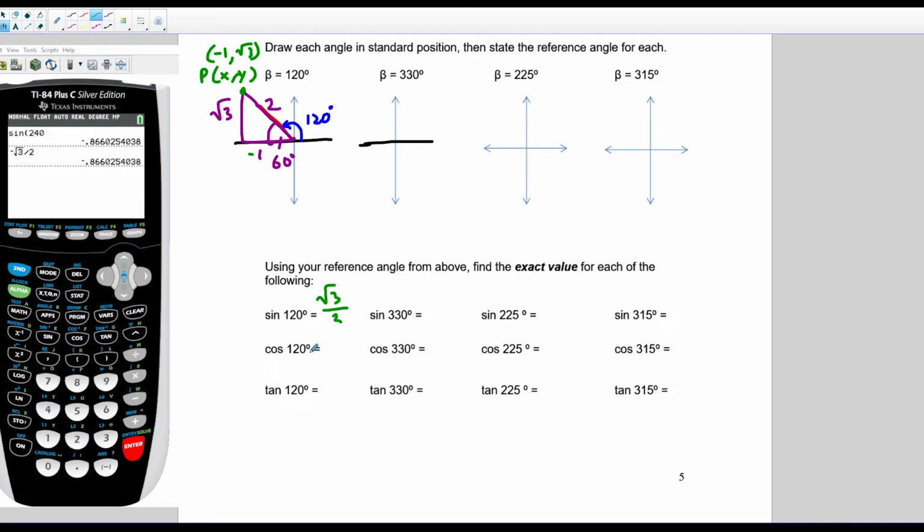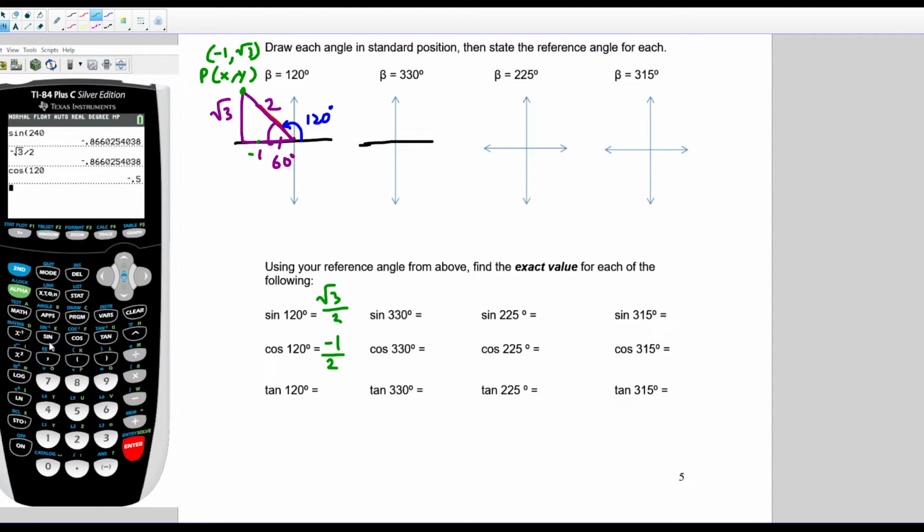Cosine of 120 we know is adjacent over hypotenuse. So according to this triangle, adjacent is -1 divided by my hypotenuse, which is 2. And once again, if I were to punch in cosine of 120, we can see that we get negative 0.5, which is the same thing as negative 1/2.